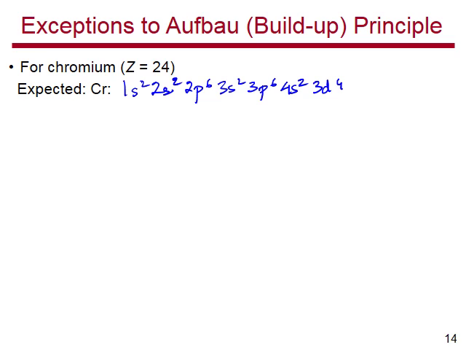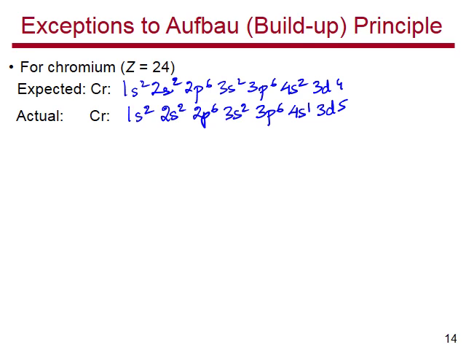However, the actual configuration for chromium is 1s2, 2s2, 2p6, 3s2, 3p6, 4s1 and 3d5. And do note that with this configuration, chromium has a half-filled d subshell.